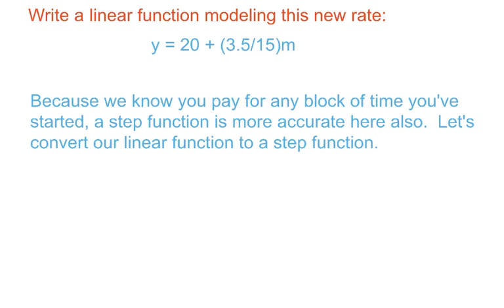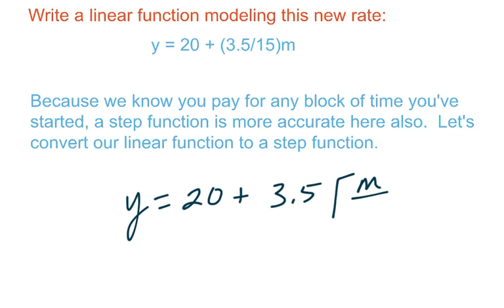So when we write our step function, we have y equals 20 plus the $3.50, which is not controlling the minutes. That is what is multiplied by the minutes. And it is a ceiling function again, and it's minutes divided by 15-minute intervals. And that is our step function, the ceiling function, that is generated whenever we go bowling for 15-minute intervals.